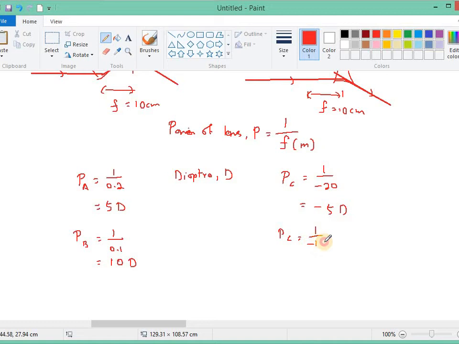Then 1 over negative 10, because this is a concave lens, we put negative, so it is negative 10 diopter. Sorry, I must change to meter: 0.2 meter, and this one is 0.1 meter.